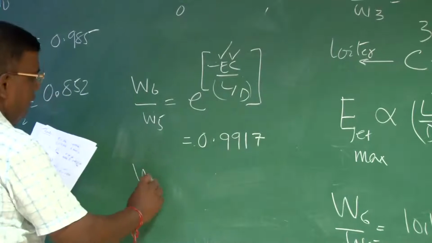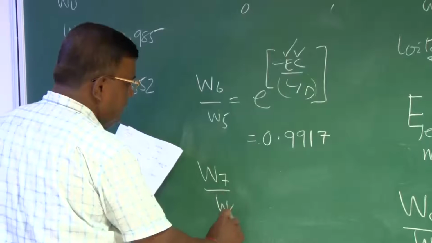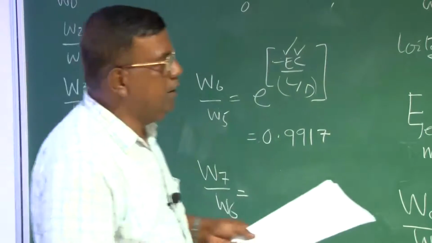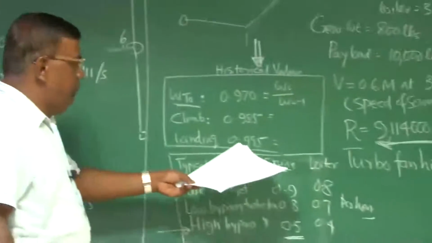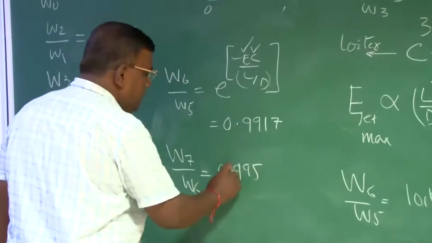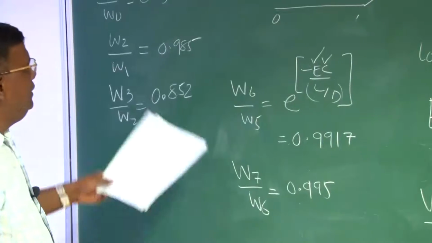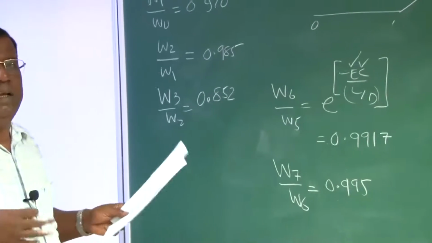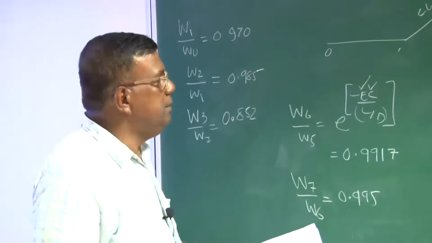Then comes W7 by W6, which is as per historical data, it is advisable to take around 0.995. As you will start learning more about design, these numbers you'll be refining, right? These are the starting numbers.